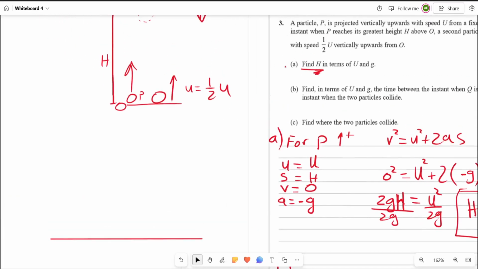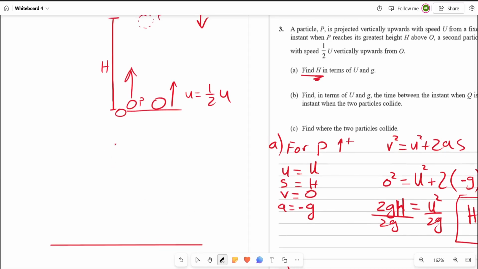From the beginning, we understood that Q was projected when P reached its maximum height. So at our initial point, when P is at maximum height with a velocity of 0, Q started to project upwards with a speed of half u. What's going to happen is P falls down and they probably collide over here.